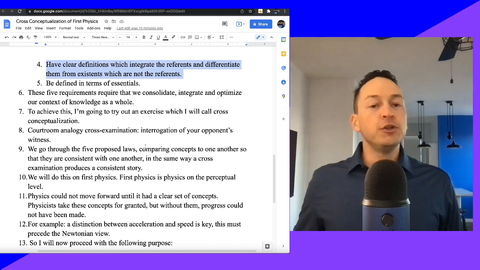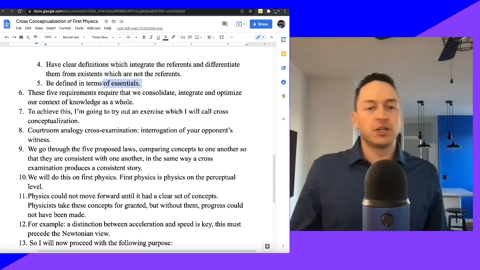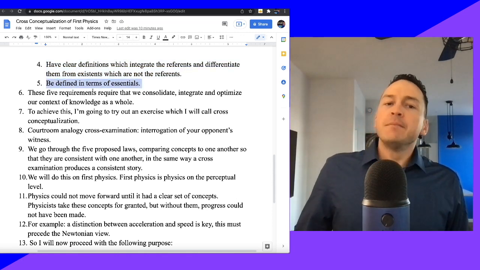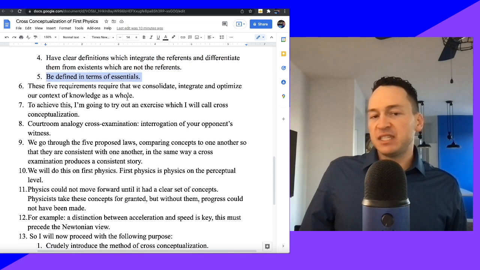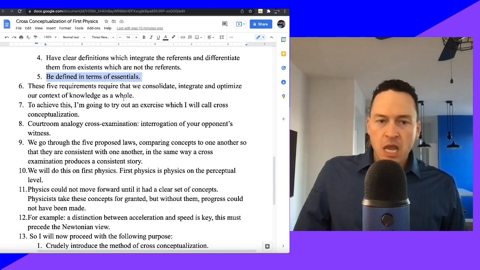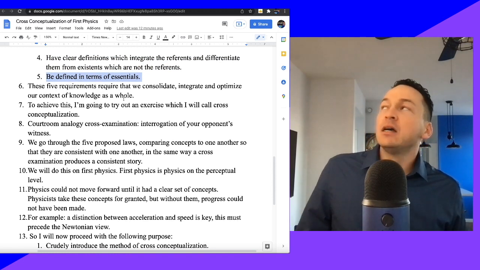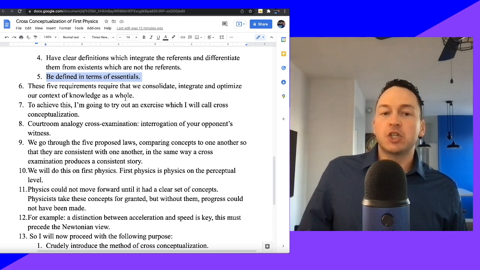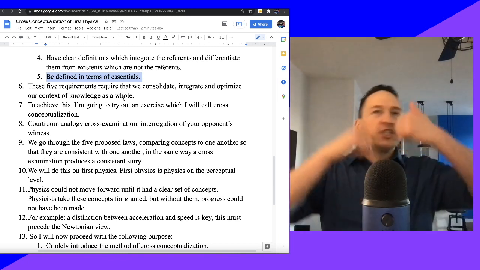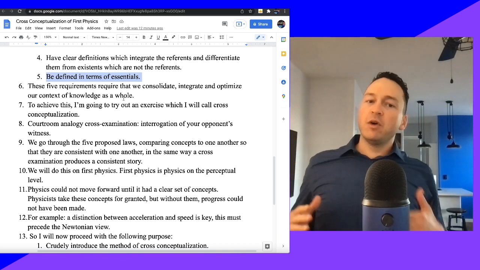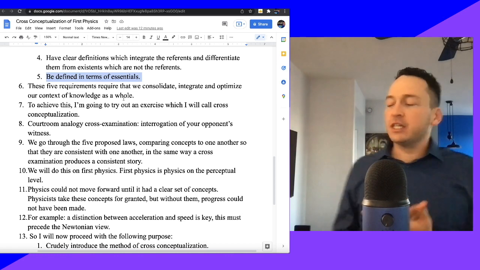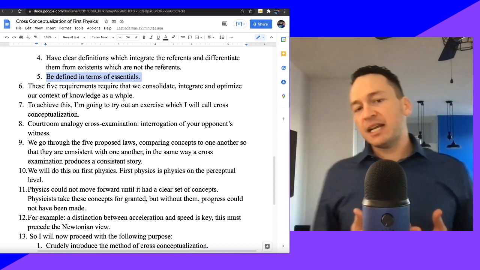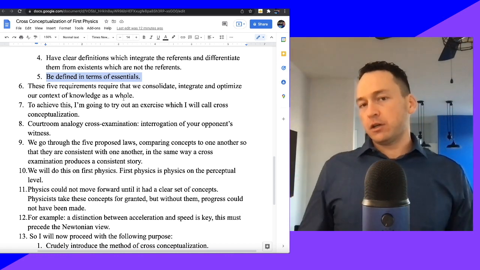We also want to define our terms, or define our concepts, but specifically define them in terms of essentials. What that means is that we want to define our concepts in terms of their characteristics, but not in terms of just any old characteristics. We want to define them in terms of characteristics which are causally connected to the greatest number of other characteristics.